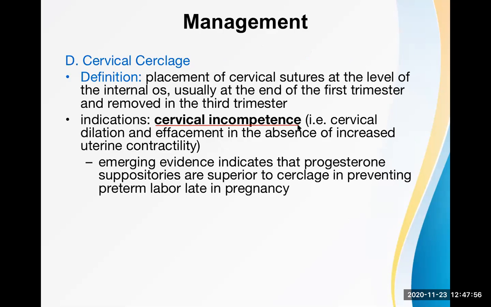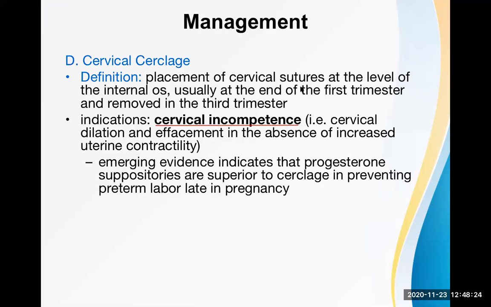It remains dilated, or the effacement is already developing. So we need to put some suture in the cervix so that the cervix can hold the baby inside the uterine cavity. It doesn't allow the baby to descend downwards before the necessary time. This is the purpose of cervical cerclage.